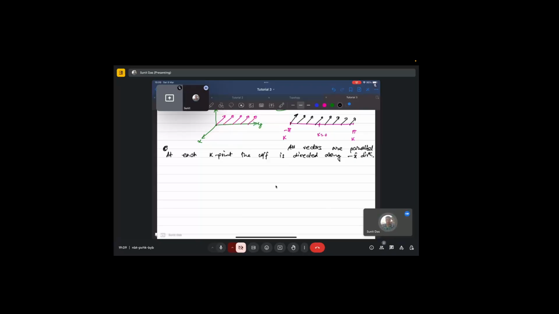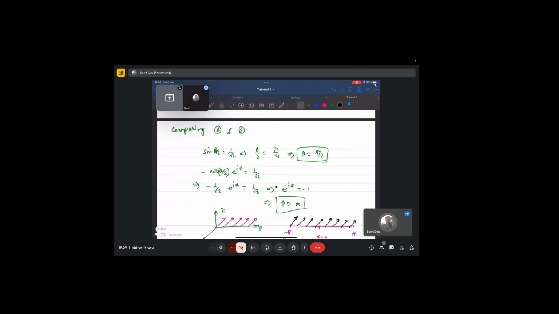So this was the case for case 1, where intra unit cell hopping was there. Now let's come to case 2.